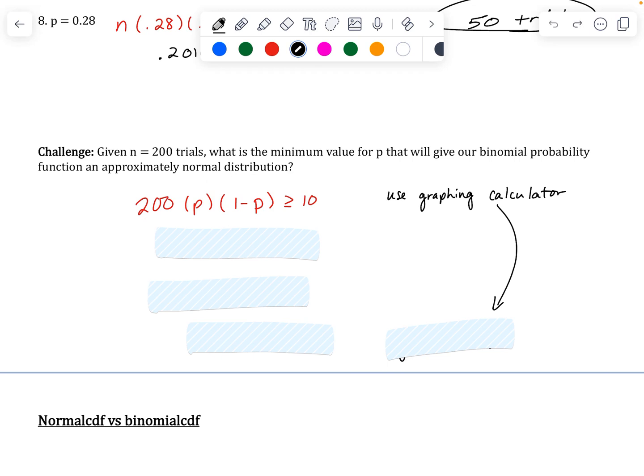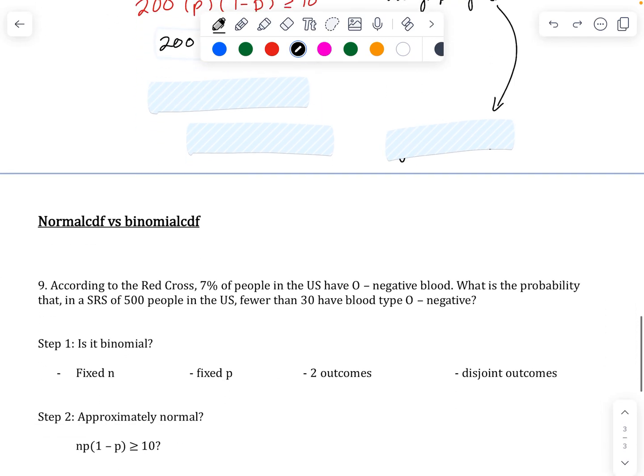So write this as a trinomial, distribute, simplify, get everything on the left side. If you ignore the greater than sign and just work it as an equation, get everything to the left side, graph it, and I want to know what our critical values, our zeros or roots for p, are. Use your graphing calculator, check it out, check the completed notes.